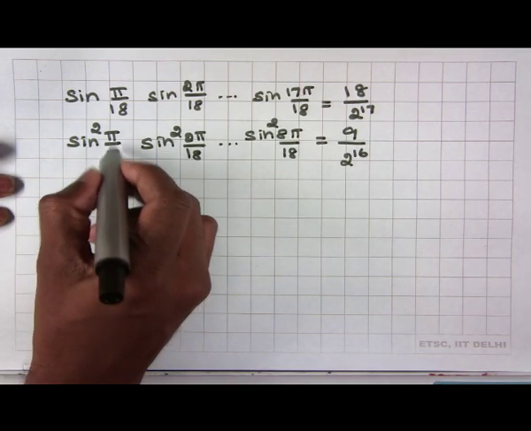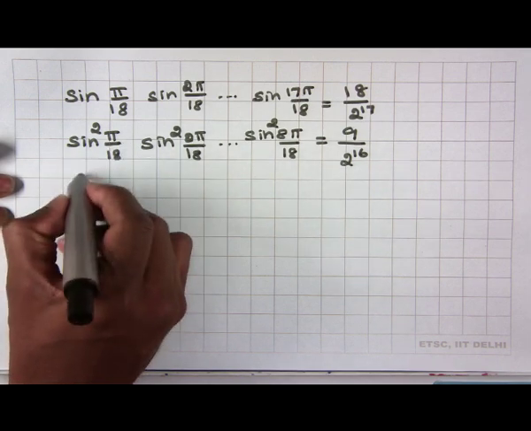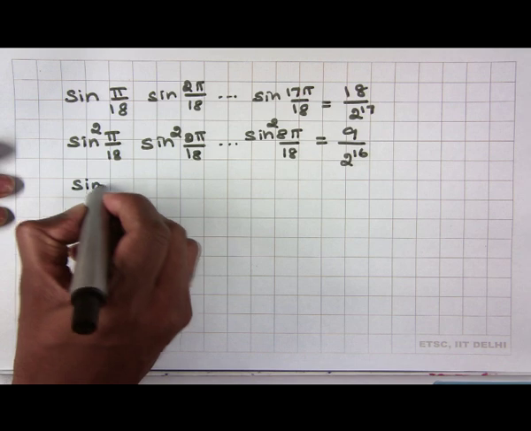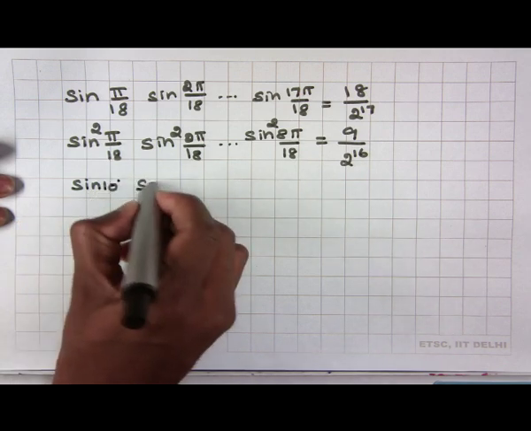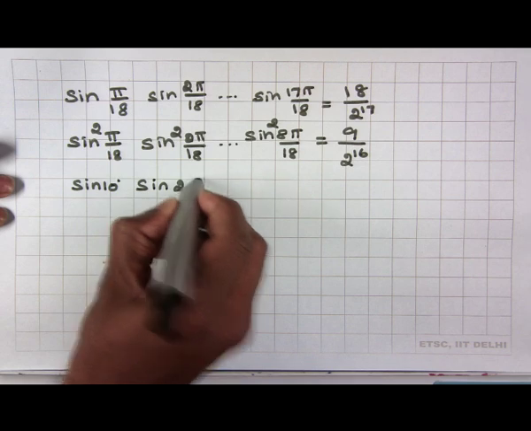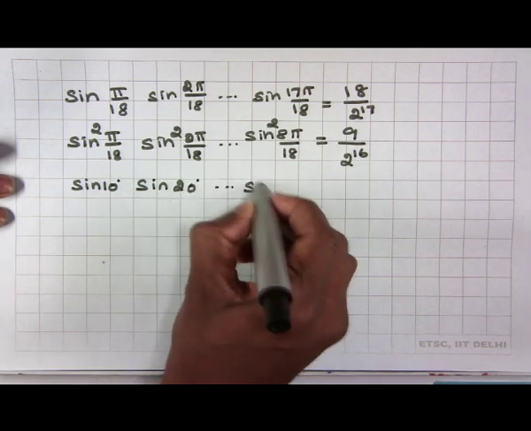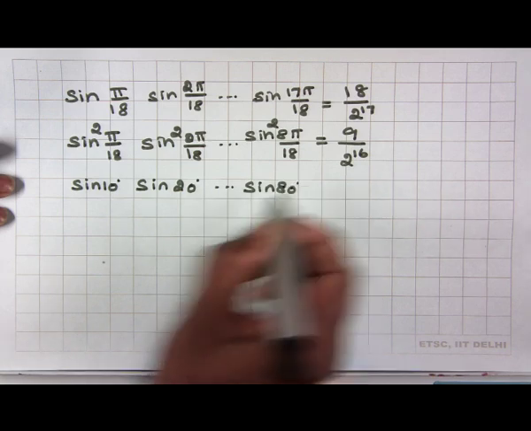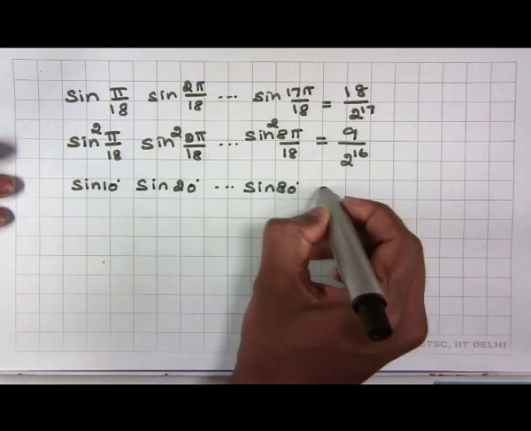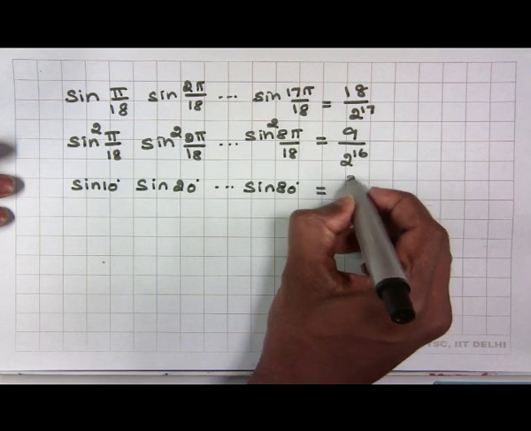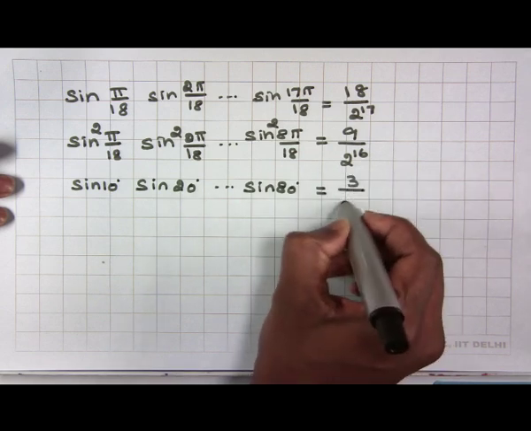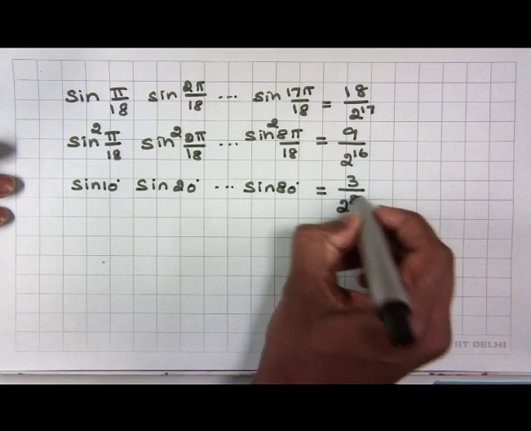Now, this term is nothing but our required expression, sin 10 degree, sin 20 degree, till sin 80 degree, whole squared. Taking the square root, we get 3 by 2 to the power 8 as the value.